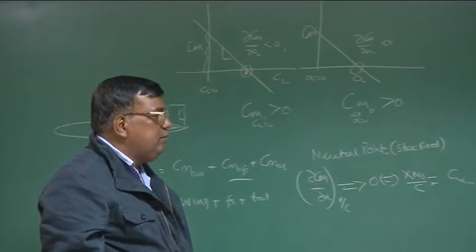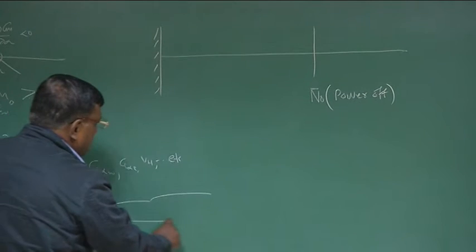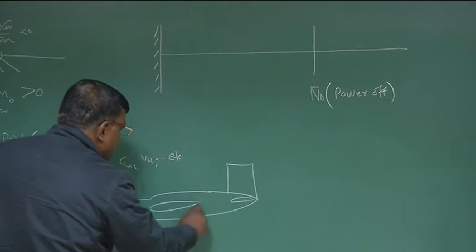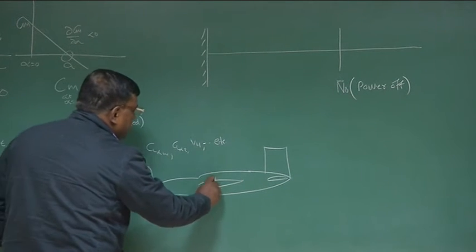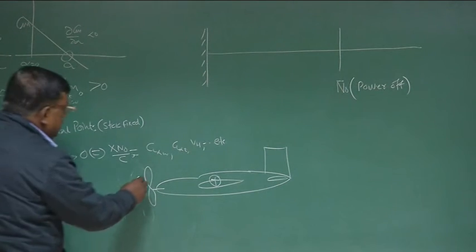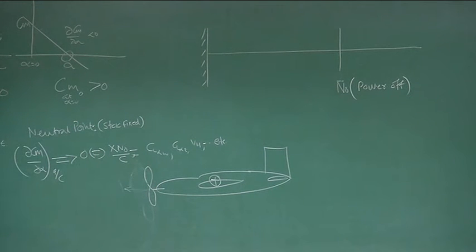Then the second case, what we did was, we tried to understand, if this is the airplane, if I put a nose mounted engine, and CG is somewhere here, let's say, then we have realized qualitatively that this thrust, whatever is being developed, will give a destabilizing effect.